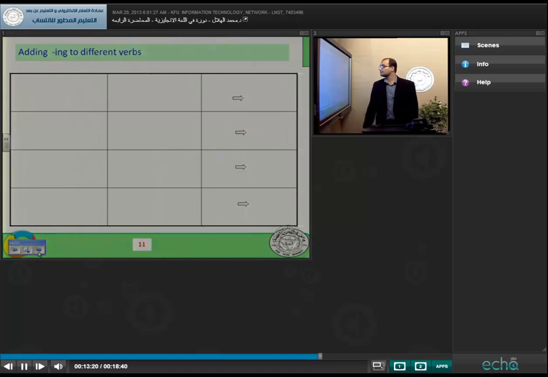The following point is to talk about adding an ing to different verb forms.